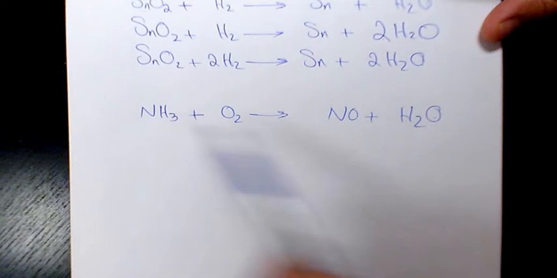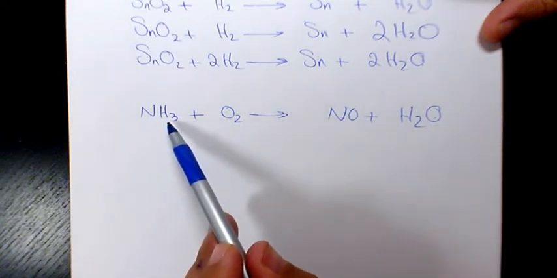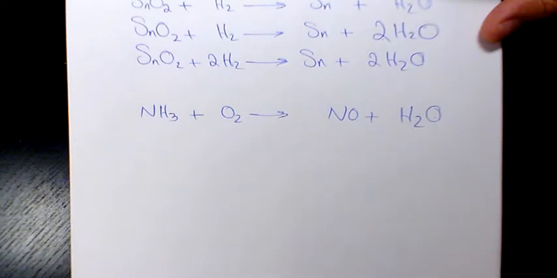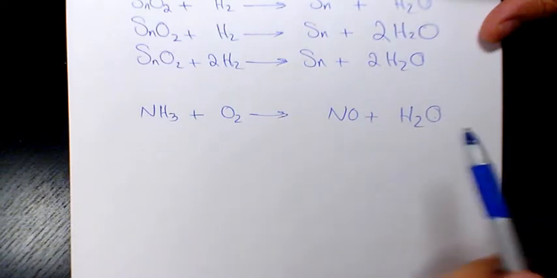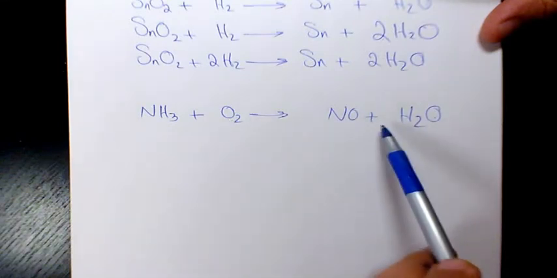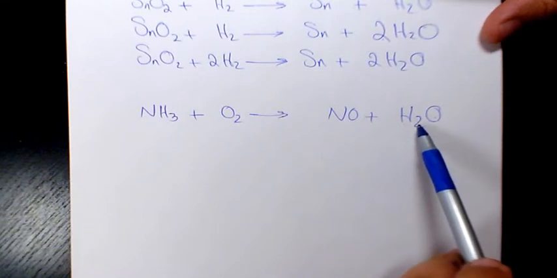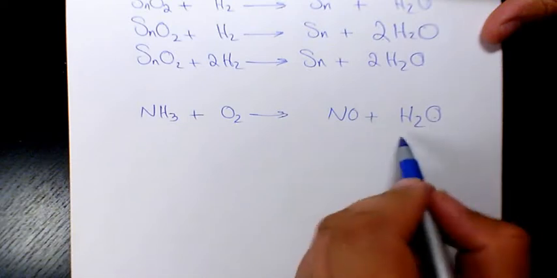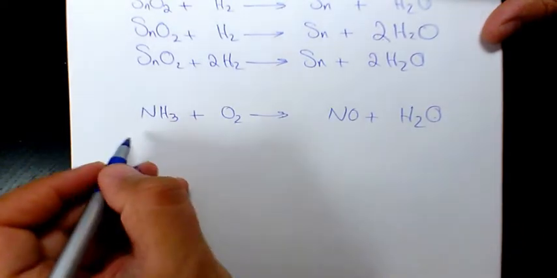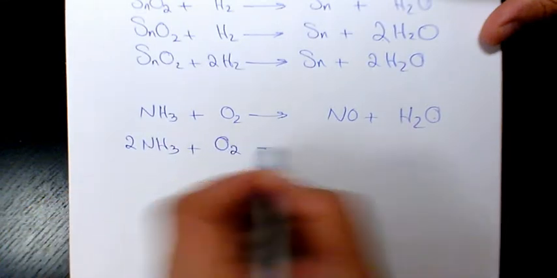Next one is NH3 plus O2 gives us NO plus H2O. So we have 1 and 1 for nitrogen. Hydrogen we have 3 and here we have 2. Oxygen we have 2 and we have 2 in this side. So what we need to do now, we need to have 3 in this side and 2 in this side for now to balance the hydrogens.